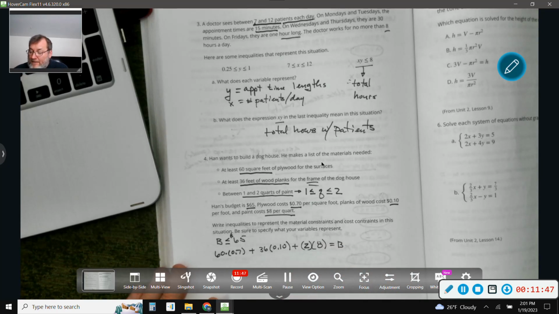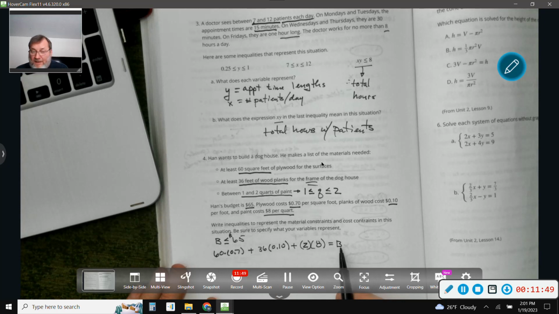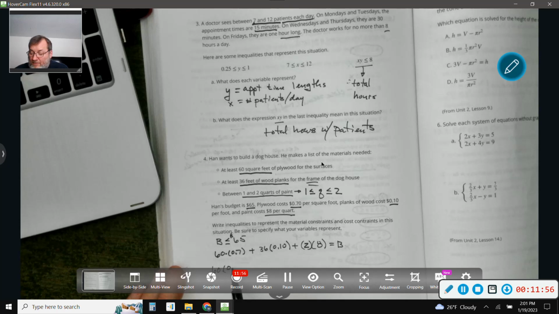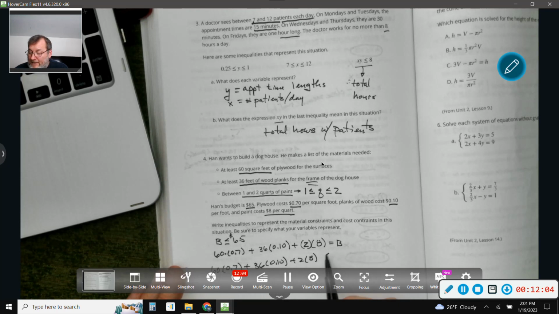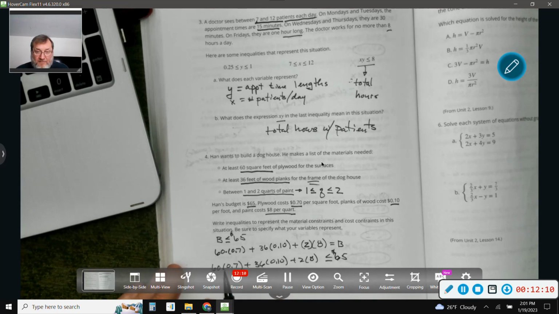All right. You'll notice that the B here and the B here are the same. So we can also say that 60 times 0.7 plus 36 times 0.10 plus 2 times 8 has to be less than or equal to $65. That's another way of saying the exact same thing, since the two B's on this one are the same.